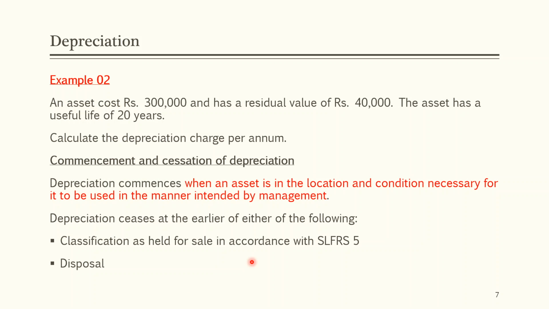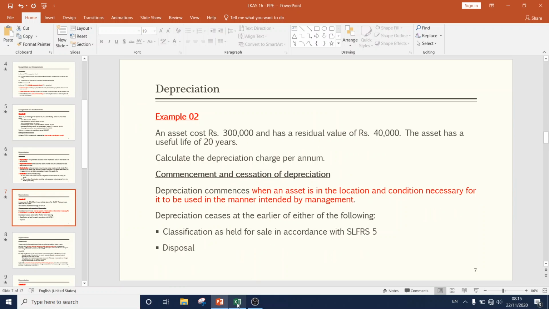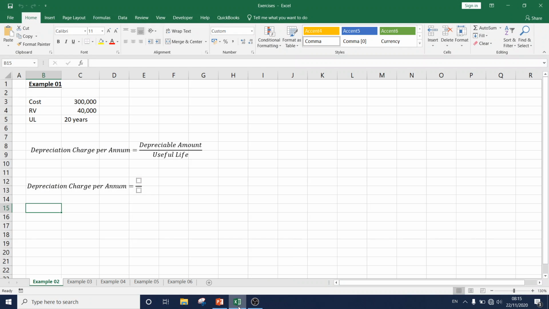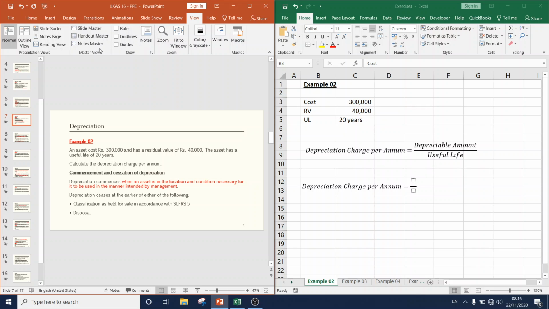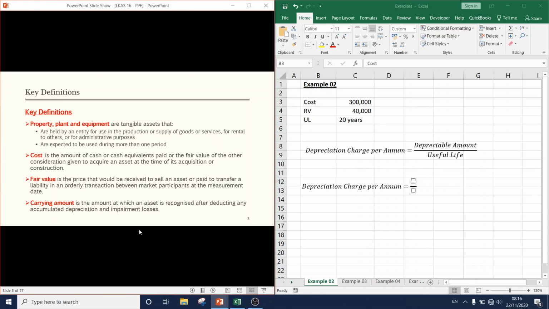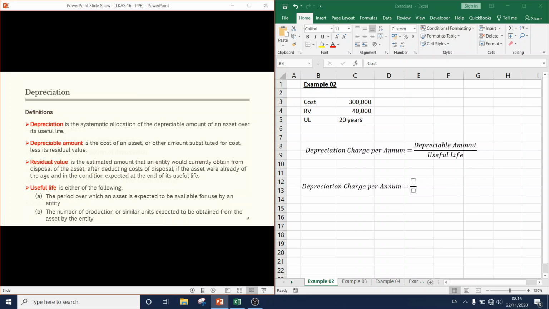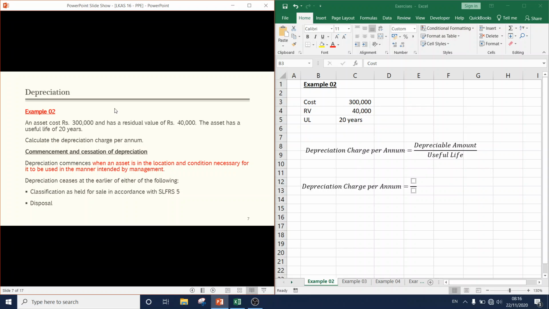So we have another example, example number 2. An asset costs 300,000 and has a residual value of 40,000.